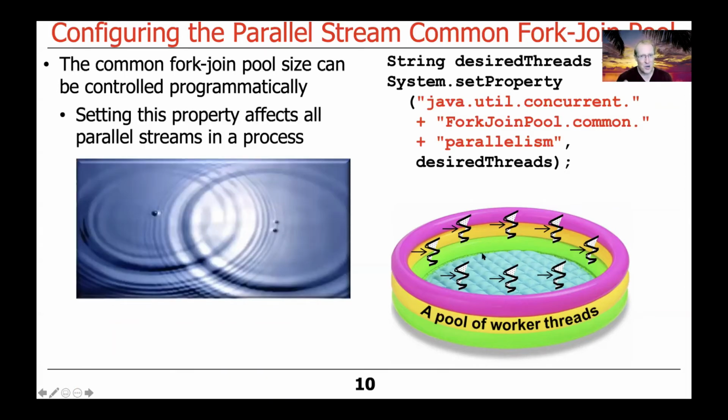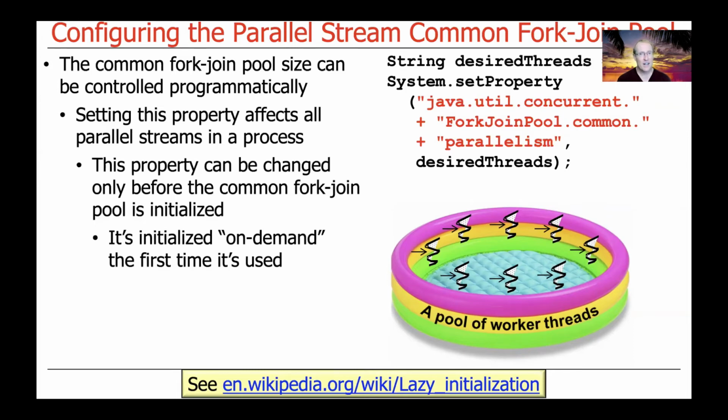Another consequence of setting this flag is that it affects all the parallel streams within a process. So this means that all the parallel streams will be sharing 8 threads in this particular case, and that could be overkill in some cases. Yet another problem is that this property can be changed only before the common fork join pool is initialized.